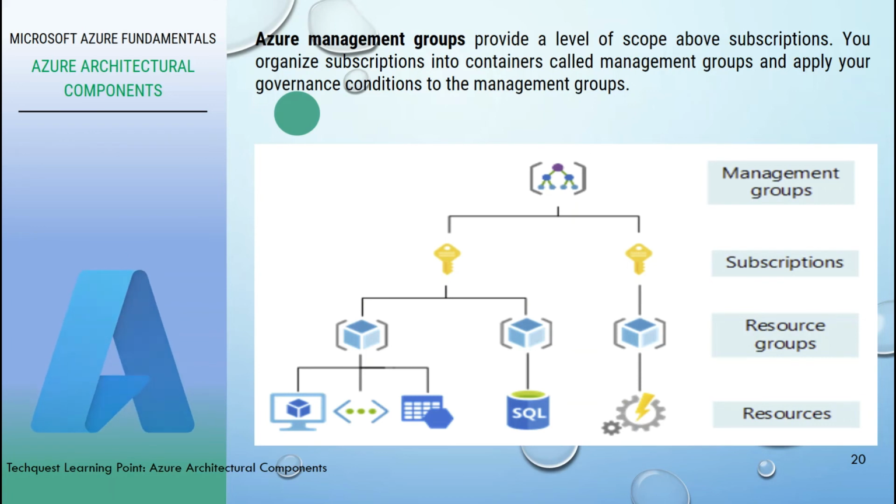All subscriptions within a management group automatically inherit the conditions applied to the management group. Management groups give you enterprise-grade management at a large scale no matter what type of subscription you might have. All subscriptions within a single management group must trust the same Azure AD tenant.